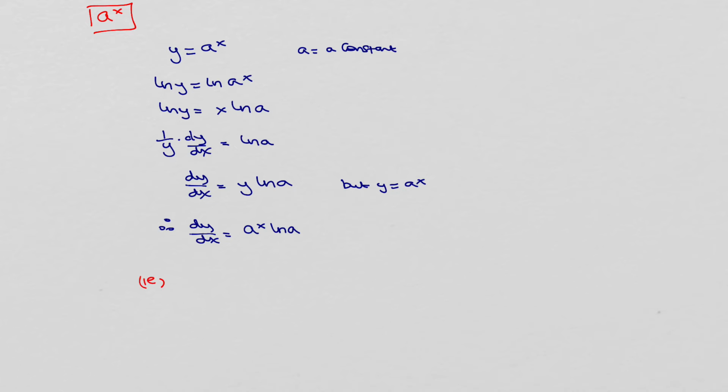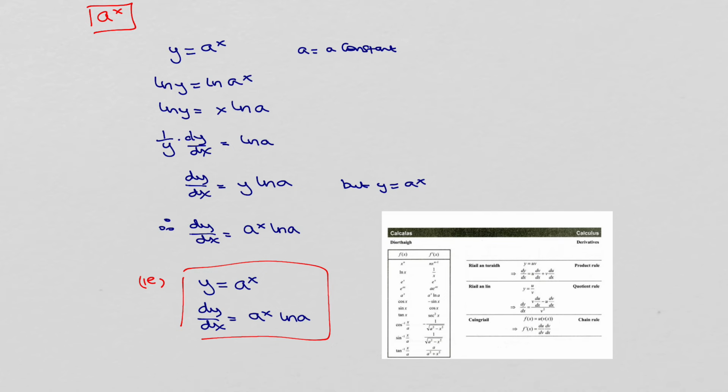In other words, if we go to our maths tables, page 25, we can see that if we have y equals a to the x, then the derivative is a to the x ln a, and that can be seen directly under e to the ax.